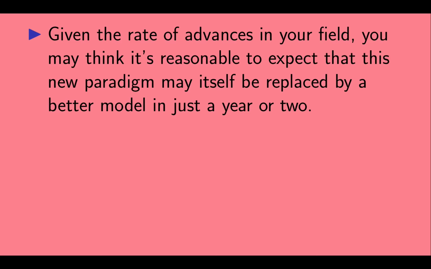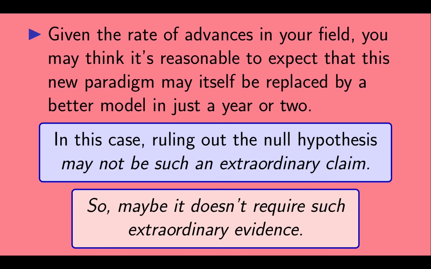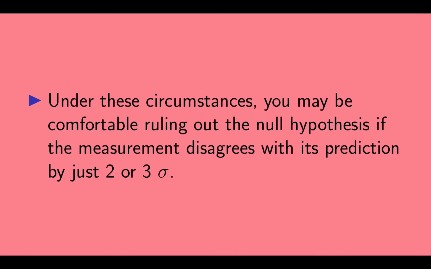Given the rate of advances in your field, you may think it's reasonable to expect that this new paradigm may itself be replaced by a better model in just a year or two. In this case, ruling out the null hypothesis may not be such an extraordinary claim. So maybe you deem that it doesn't require such extraordinary evidence to be ruled out. Under these circumstances, you may be comfortable ruling out the null hypothesis if the measurement disagrees with its prediction by just 2 or 3 sigma.